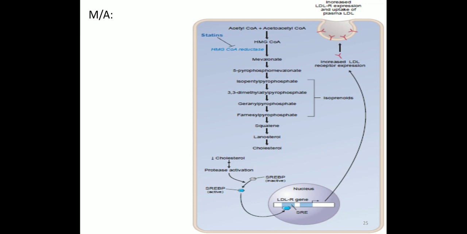You can see acetyl coenzyme plus acetoacetyl coenzyme becomes HMG coenzyme. Now HMG coenzyme is converted to mevalonate by the HMG coenzyme reductase enzyme, and ultimately mevalonate forms the cholesterol. So this is the mechanism. The rate limiting step, HMG coenzyme to mevalonate, is inhibited by statin.